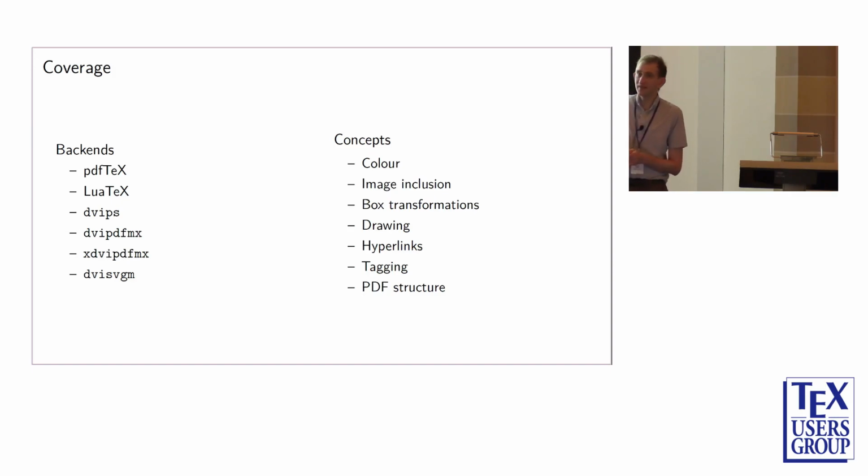At the time it made sense to leave image scaling, rotation and so on to the backend, as you couldn't necessarily scale or rotate other content. In expl3 it has gone slightly differently. Image inclusion is just the image at natural size. If you want to do rotation, scaling, whatever, that can be applied to arbitrary content, so those two are separated out. Box transformations, clipping, rotation, scaling and skewing are all separated out.